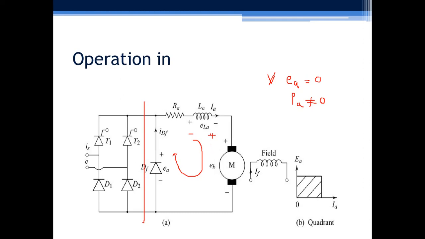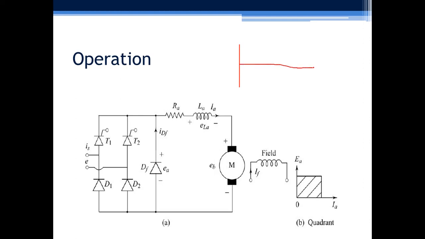At pi plus alpha, the gate pulse will be applied to T2.